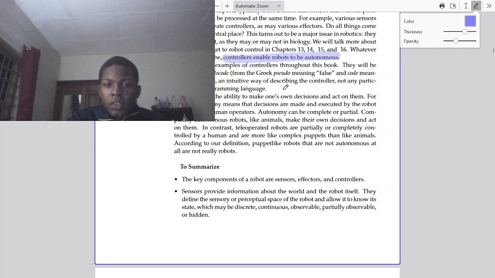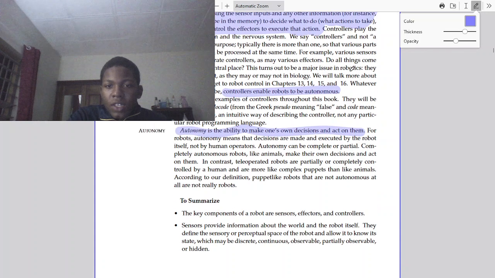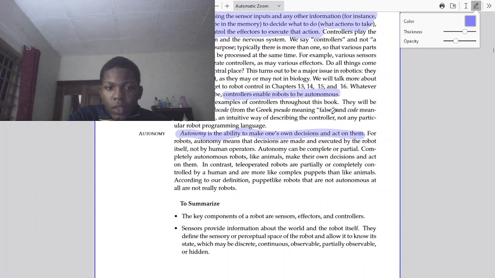Autonomy is the ability to make one's own decisions and act on them. For robots, autonomy means decisions are made and executed by the robot itself, not by human operators. It can be complete or partial. Completely autonomous robots, like animals, make their own decisions and act on them.